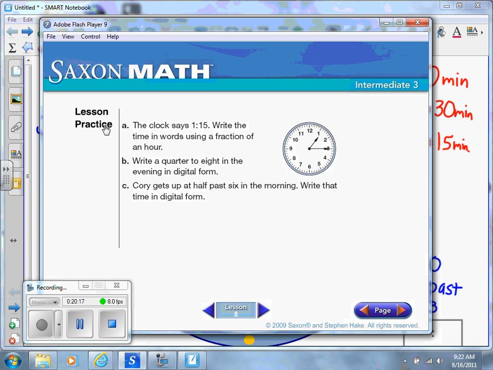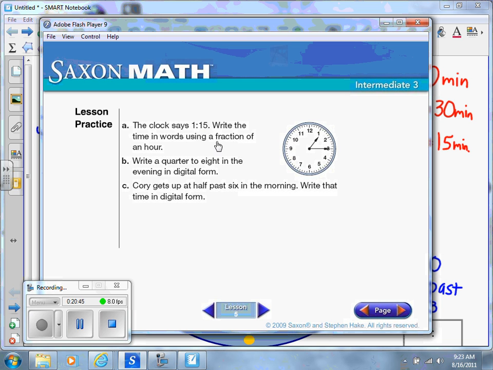Okay, let's look at our lesson practice. It's at the top of page 31. The clock says 1:15. Write the time in words using a fraction of an hour. So we get to use a fraction, but it says in words. So I know if I have to write exactly what comes out of my mouth, I say 1:15.